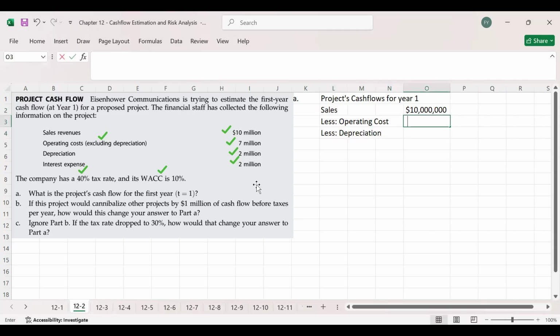Operating cost excluding depreciation is $7 million, and depreciation is $2 million. When we deduct these two expenses from sales, we get the operating income before tax.